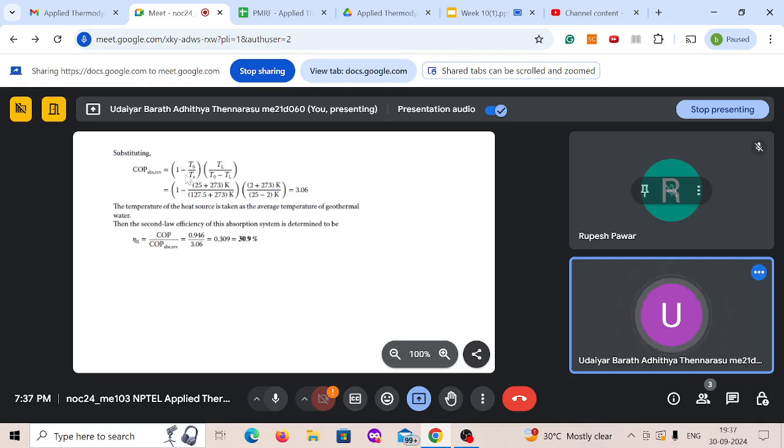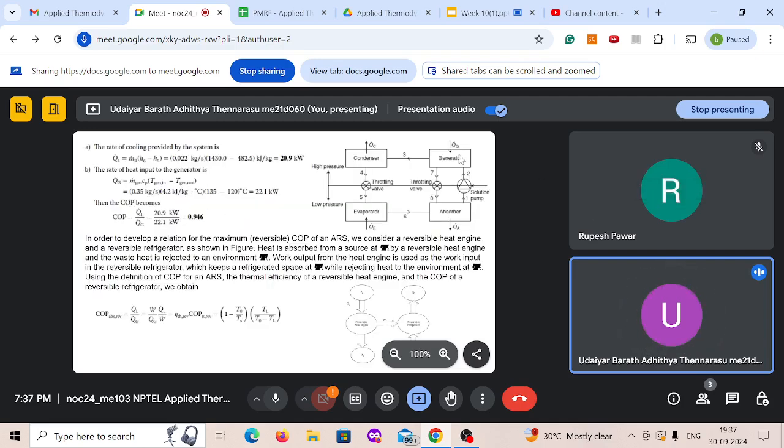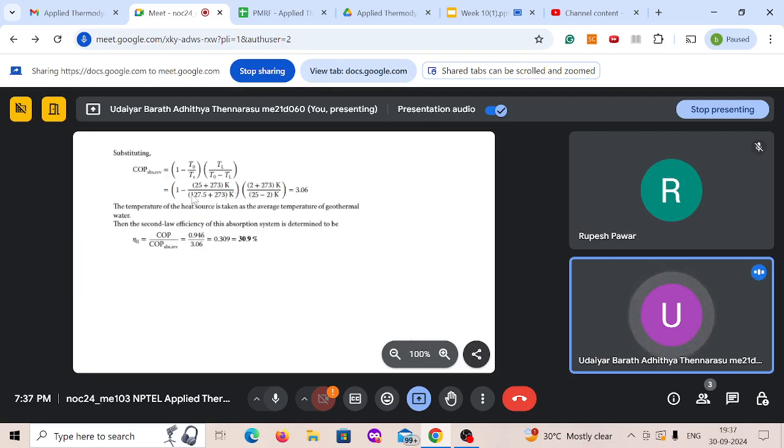Ts is your generator temperature, which is the mean temperature. It is coming in at 135 and going out at 120, so that mean is 127.5. Similarly, the evaporator temperature is 2 degrees Celsius and the ambient is 25. Substituting all the values, the COP will come out to be 3.06.